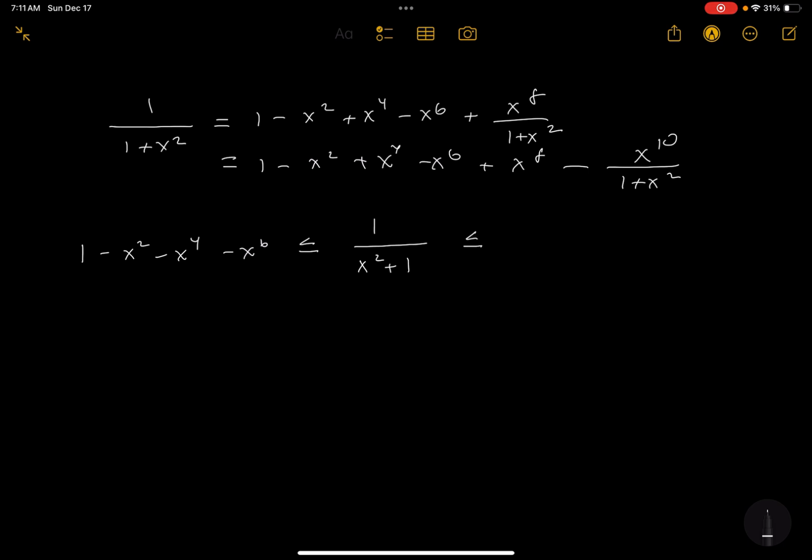And this is less than or equal to 1 minus x squared plus x to the 4th minus x to the 6th plus x to the 8th. Well, I'm seeing two of these things over here.